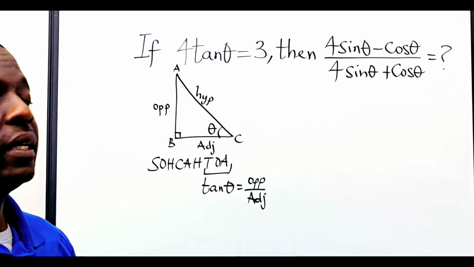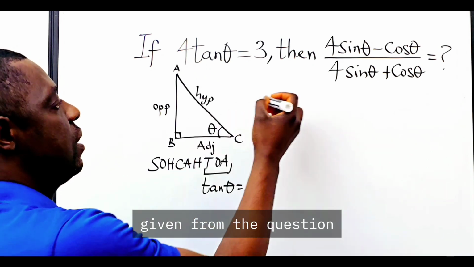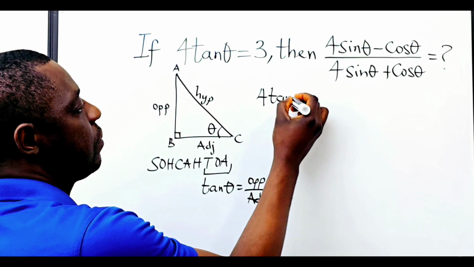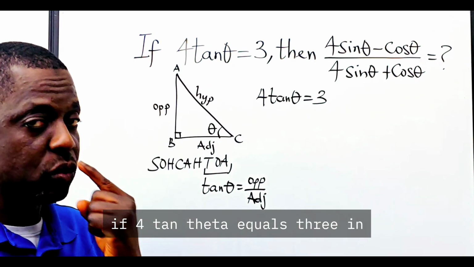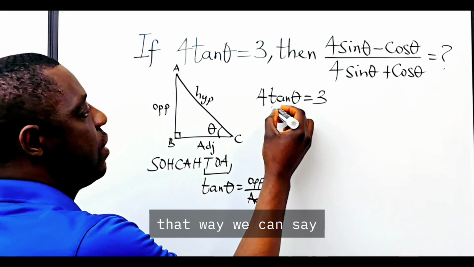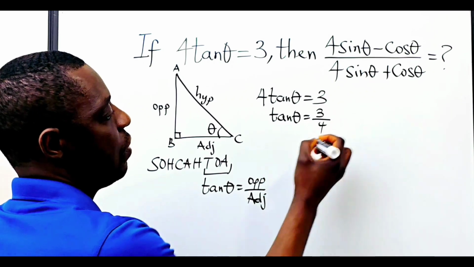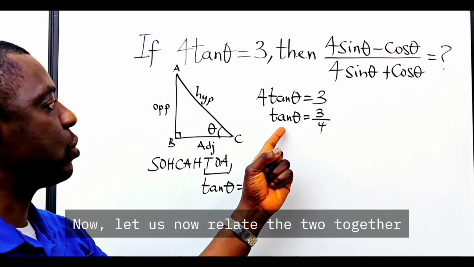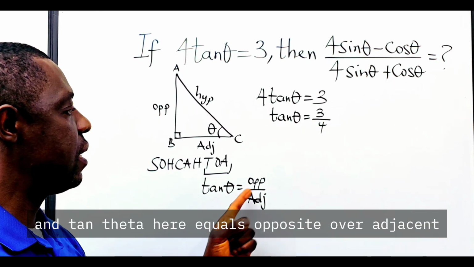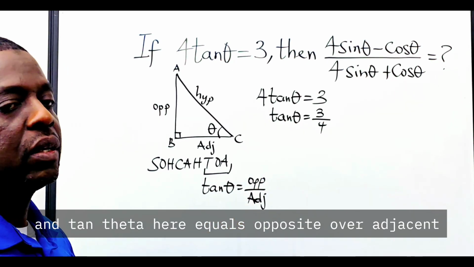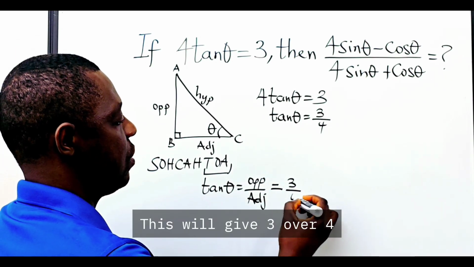Tan theta has already been given in the question: 4 tan theta equals 3, so tan theta will equal 3 over 4. Now let us relate the two together. Tan theta here equals 3 over 4, and tan theta here equals opposite over adjacent. So I'm going to relate them together. This will give 3 over 4.